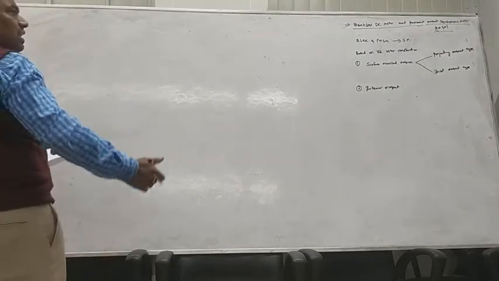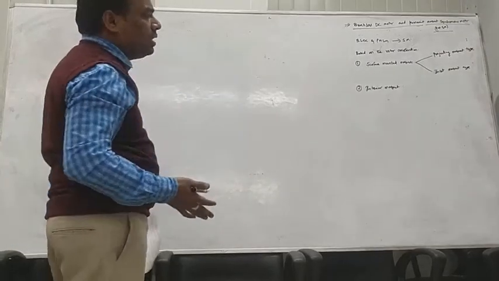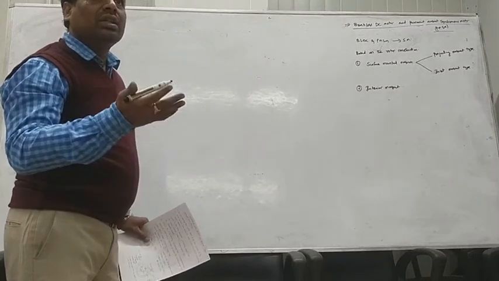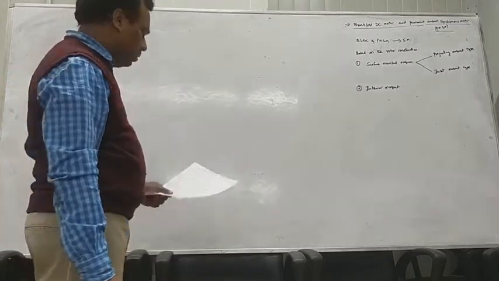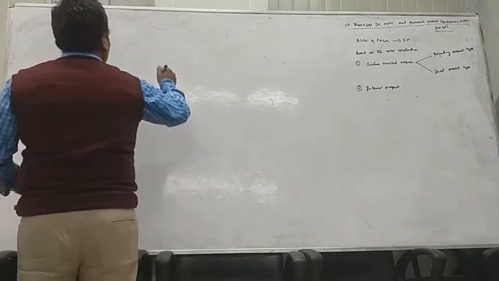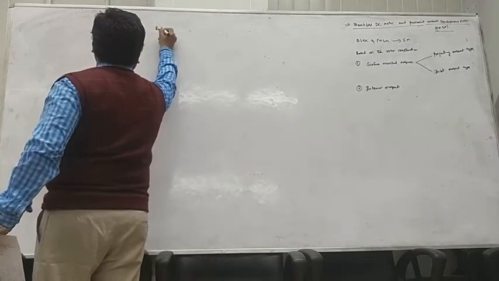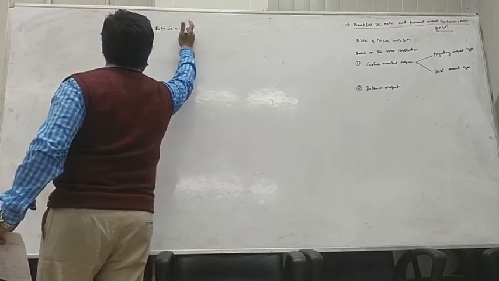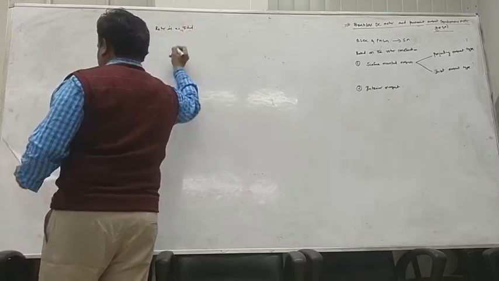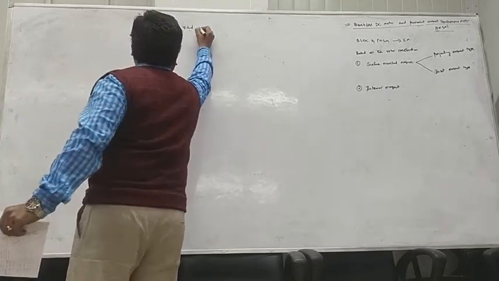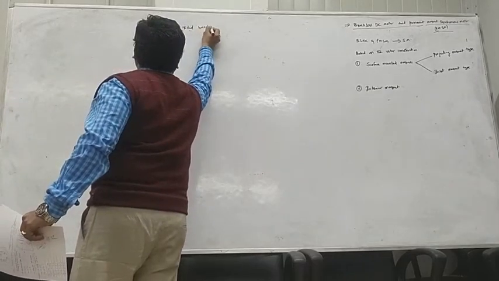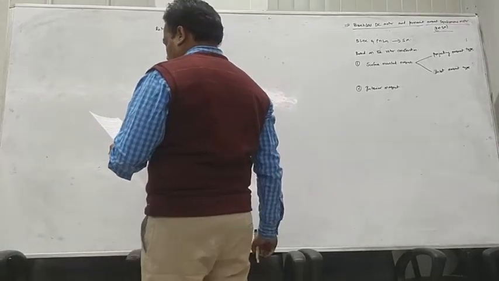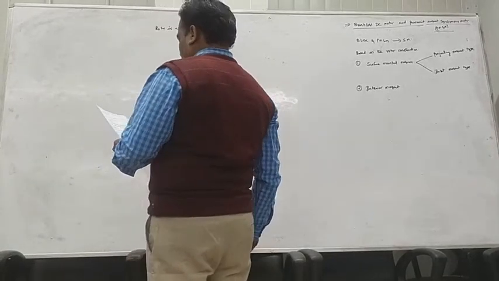As I already discussed, the brushless DC motor and permanent magnet synchronous motor operation is similar to the synchronous motor operation. The rotor is the field winding; in the rotor circuit, the field winding is present, which here is the permanent magnets.